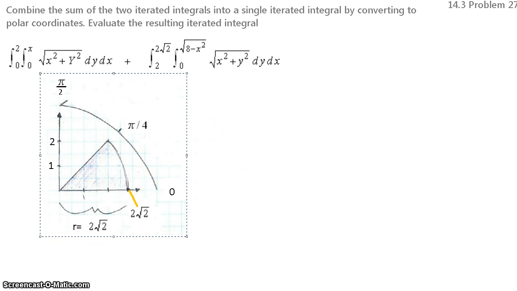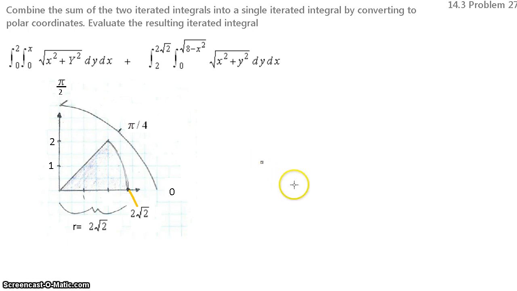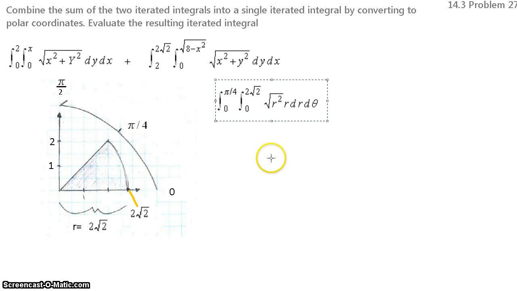So now that we've got this, we can throw it together into one iterated integral in polar coordinates. So here we go. Again, our boundaries for dr are going to be 0 through 2 root 2.